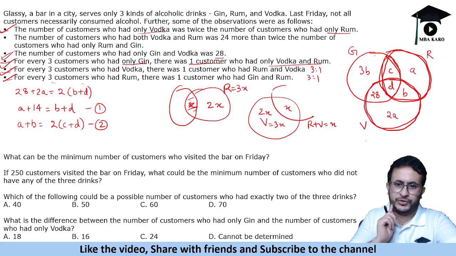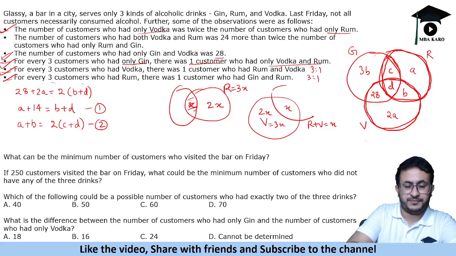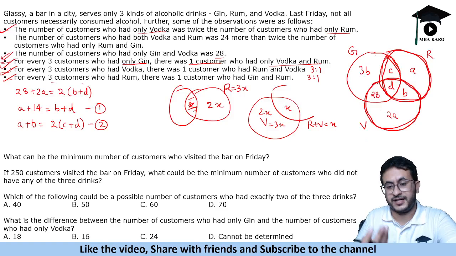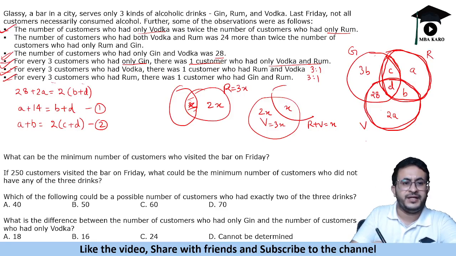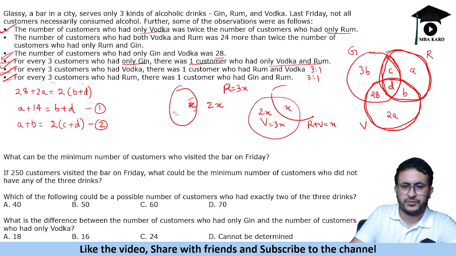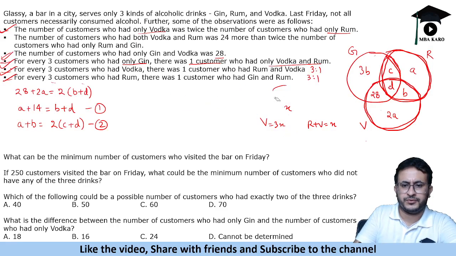Now there is one more statement remaining, and that will give us another equation in these variables. It says that the number of customers who had both vodka and rum. I'm erasing this because a lot of data has to be put in.